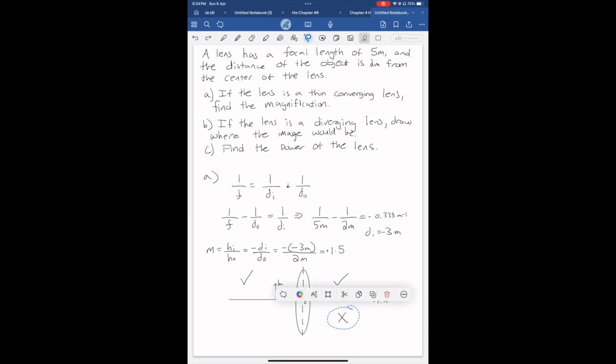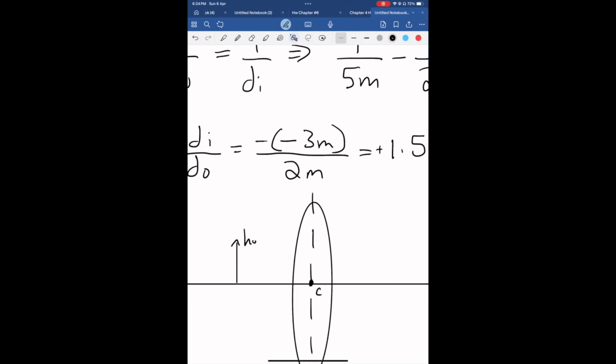Right. So I will draw a parallel ray that, due to refraction, will then refract downwards.